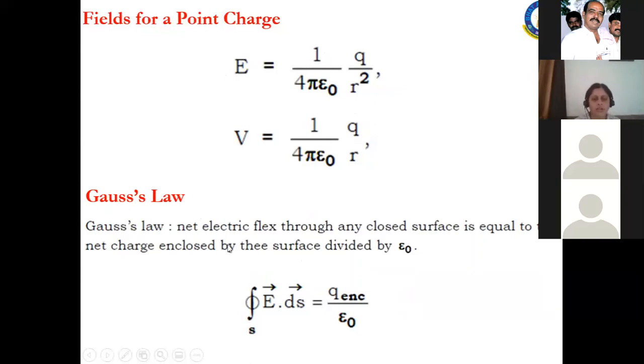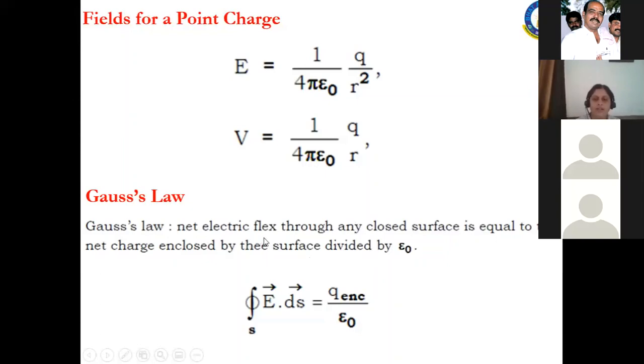So Gauss law, the statement, says that the net electric flux through a closed surface is equal to 1 by epsilon naught times the net charge enclosed by the surface, or the net charge enclosed by the surface divided by epsilon naught. Gauss law is applicable for closed surfaces.